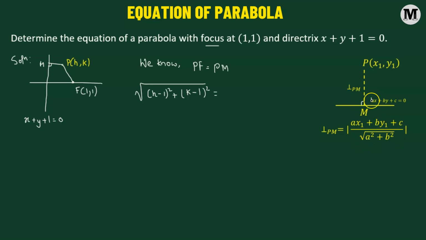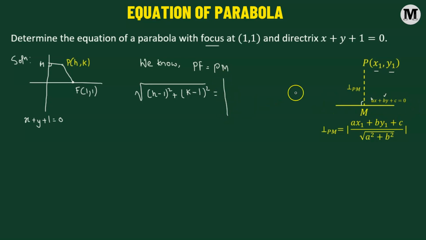What we have done is we have taken the coefficient of x, which is a, and multiplied it with the x coordinate of point P, added to the coefficient of y, multiplied by the y coordinate of point P, added to the constant term c, and divided by the square root of the sum of squares of the coefficients of x and y of the straight line.